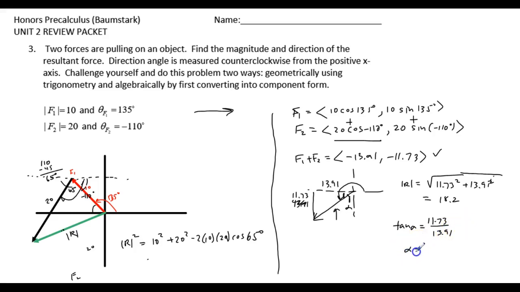If you solve that, you get alpha equals 40.1 degrees. But then we need to add 180 here because we're pointing in this third quadrant. So I'm going to add the 180, and you would get alpha equals 220.1 degrees. And if you use the same ideas here with the law of cosines, you should get the same answer. So these are equivalent, just different ways of getting at the same thing.